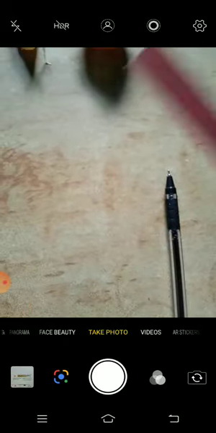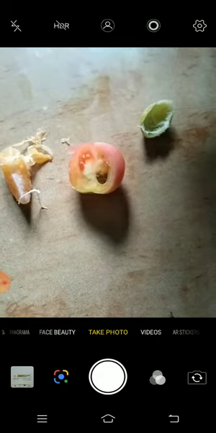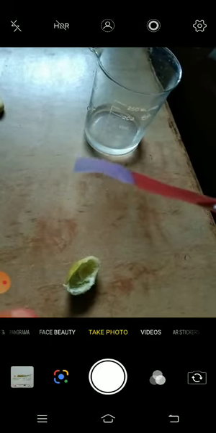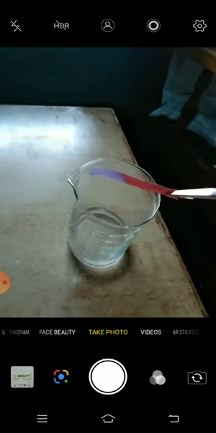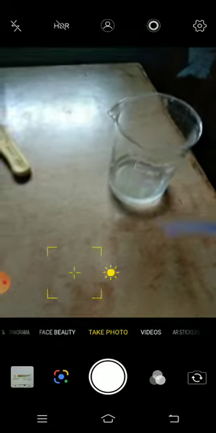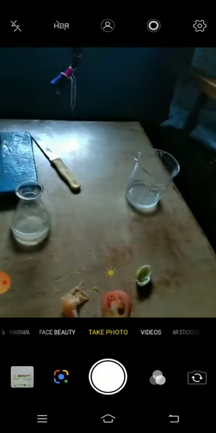First of all, this is your red litmus paper. I am putting this litmus paper into the basic solution. Its color changes. See here, when I put this litmus paper into the basic solution, its color changes from red to blue. See it again, I am dipping another.